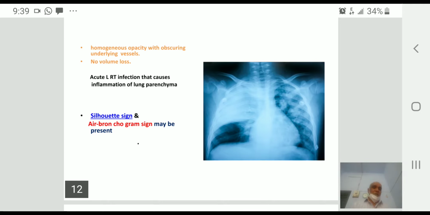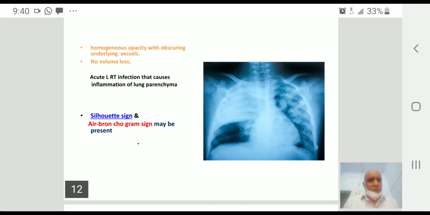In the air bronchogram sign, the alveoli are filled with fluid, exudate, blood cells and a pathogenic organism. So there is no air in the alveoli, but the draining bronchi are not filled with exudate; they contain air.